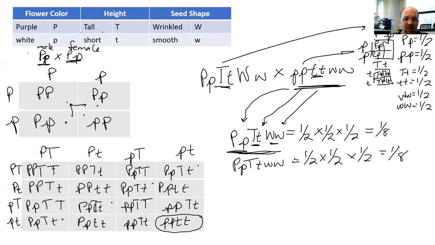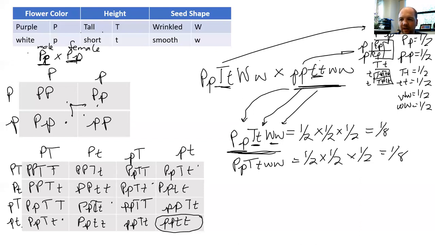So let's make this a little bit more complicated. So let's change one of the parents here. So let's say that instead of being homozygous recessive for all the traits, let's change this parent here.